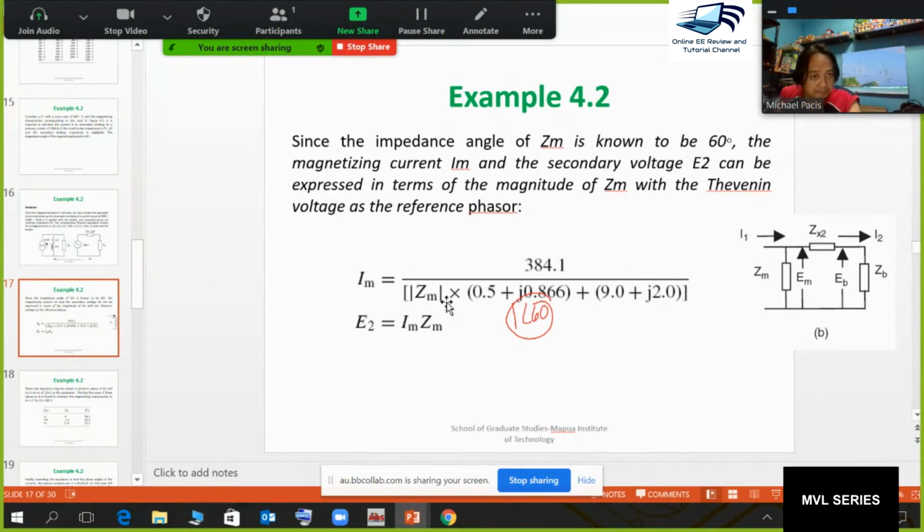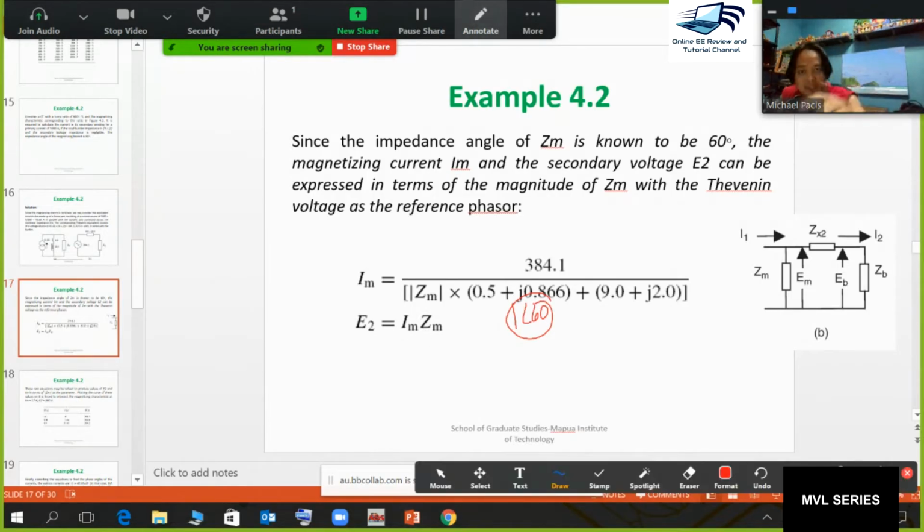How can you get E2? E2 is equal to IM ZM. Why? Simply because, as I have mentioned, this is already 0. Hence, whatever your E2 is, equal to EM, equal to the voltage at the burden, that is IM times ZM.